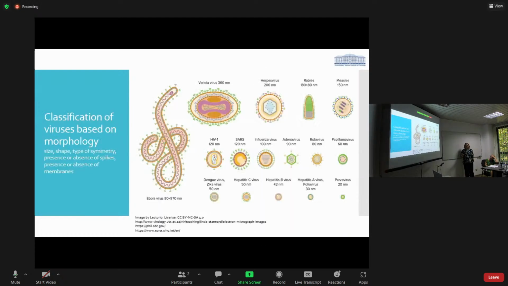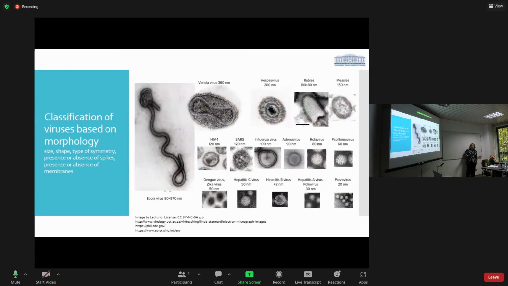Even we have nice cartoons emphasizing the structure, the different morphology of different types of viruses. Most of them are quite nasty for humans. All this information comes from electron microscopy.